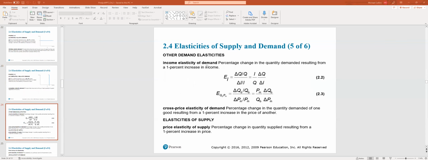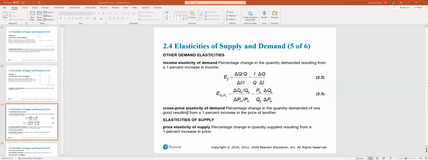Income elasticity. I think this is primarily where we left off last class, but income elasticity of demand is the percentage change in quantity demanded resulting from a 1% increase in income. So for this, what would you buy more of when you make more money? And conversely, what do you buy less of when you make more money?